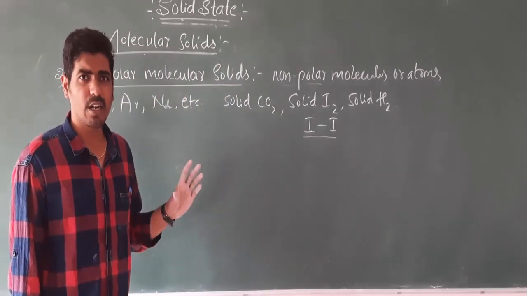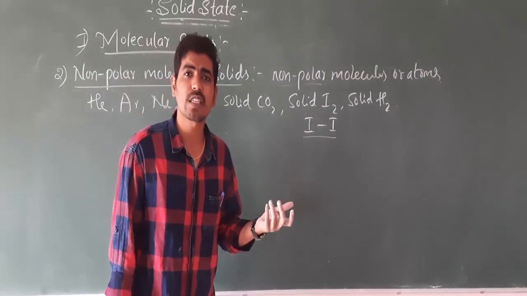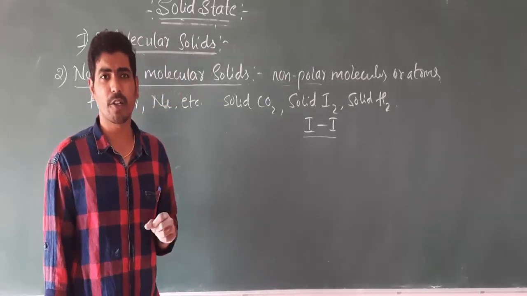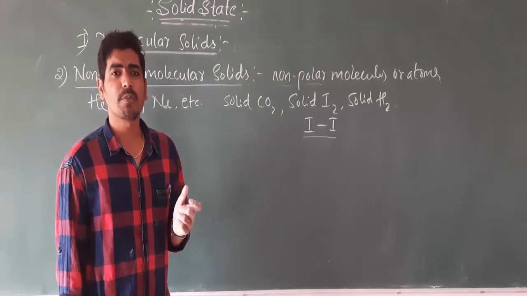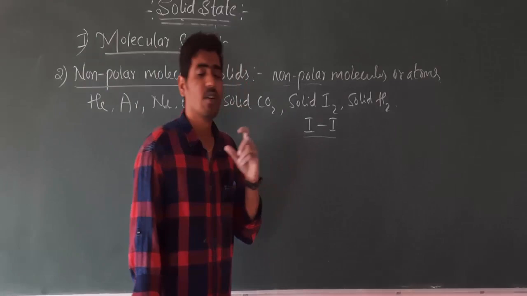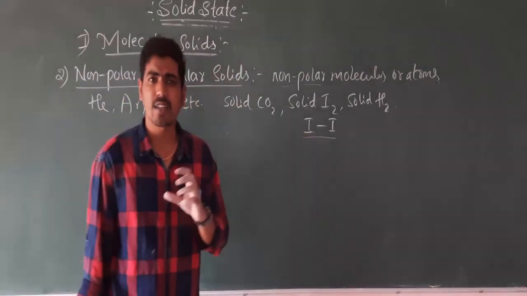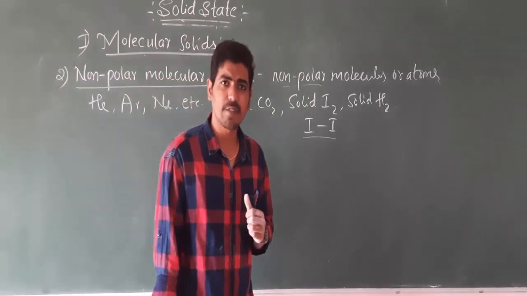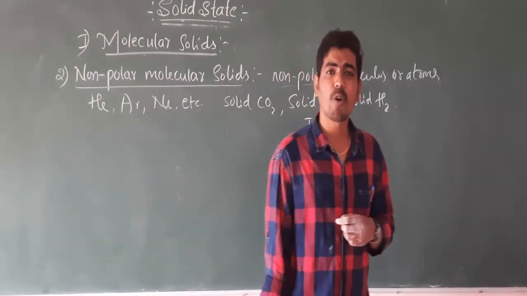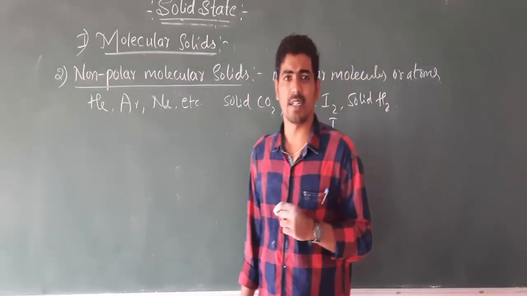This is also something you have learned: what are polar molecules and what are non-polar molecules. Polar molecules means the molecules are formed from atoms having different electronegativities and the net dipole moment is present.